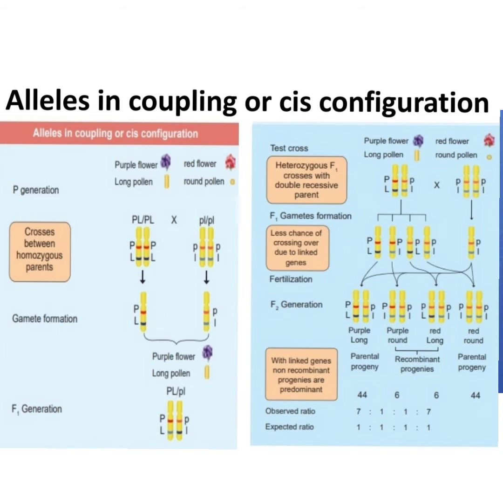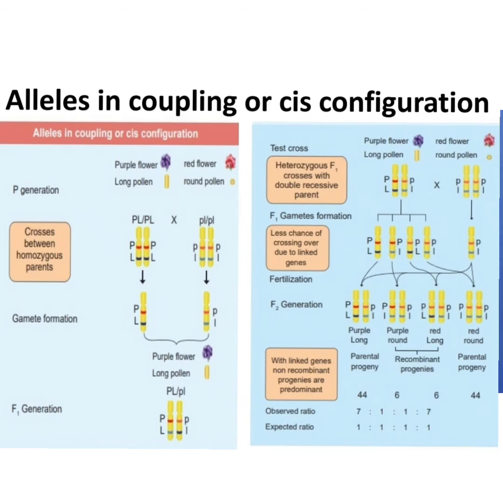The F1 generation will produce gametes. There is less chance of crossing over due to the linked genes. The gametes produced by the purple flower with long pollen are capital P capital L, capital P small l, small p capital L, and small p small l. The gamete produced by the red flower with round pollen is small p and small l.